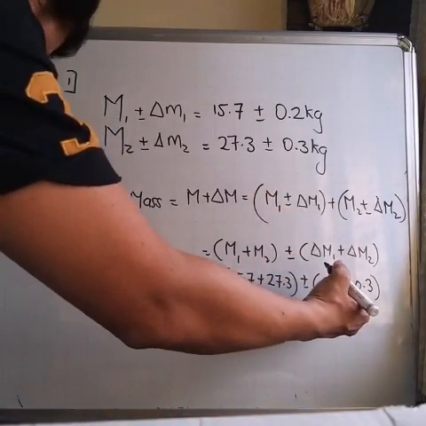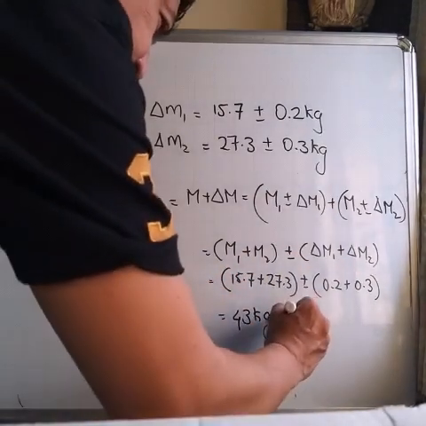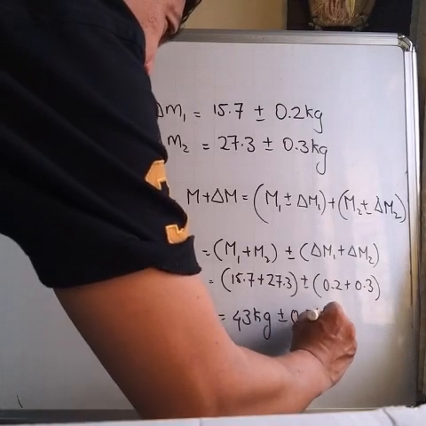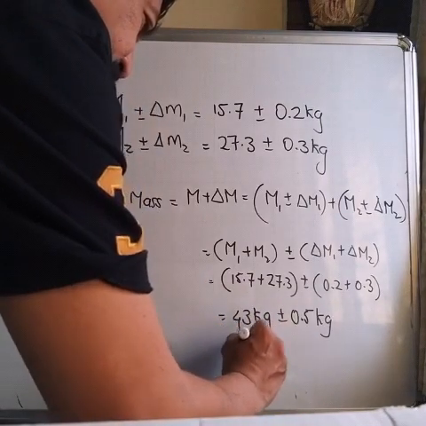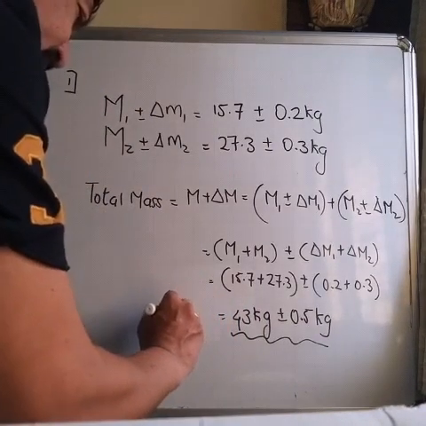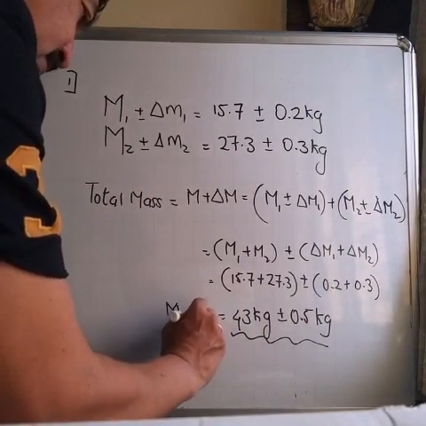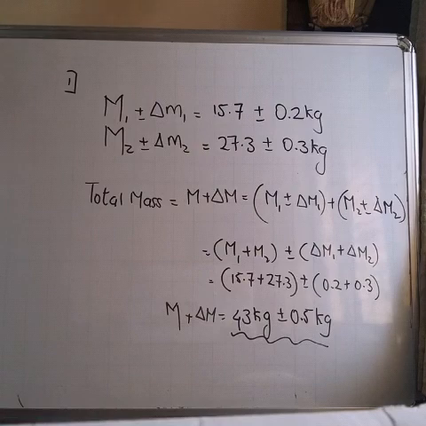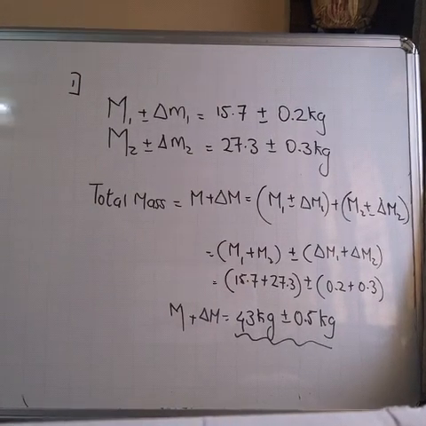It is 0.5 kg. And this is our final answer, the value of M plus minus delta M.